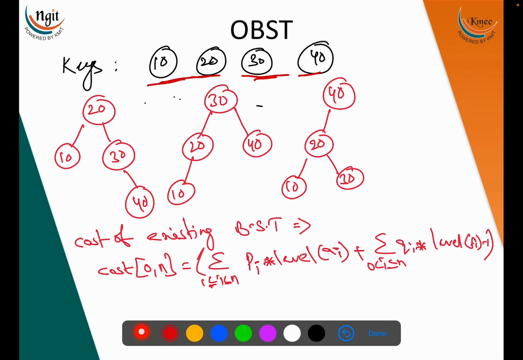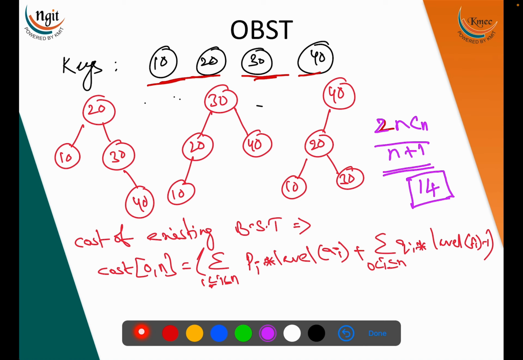For that we took the formula in the previous video, 2n choose n divided by n plus 1. With this formula we found that 14 possible binary trees are obtained.